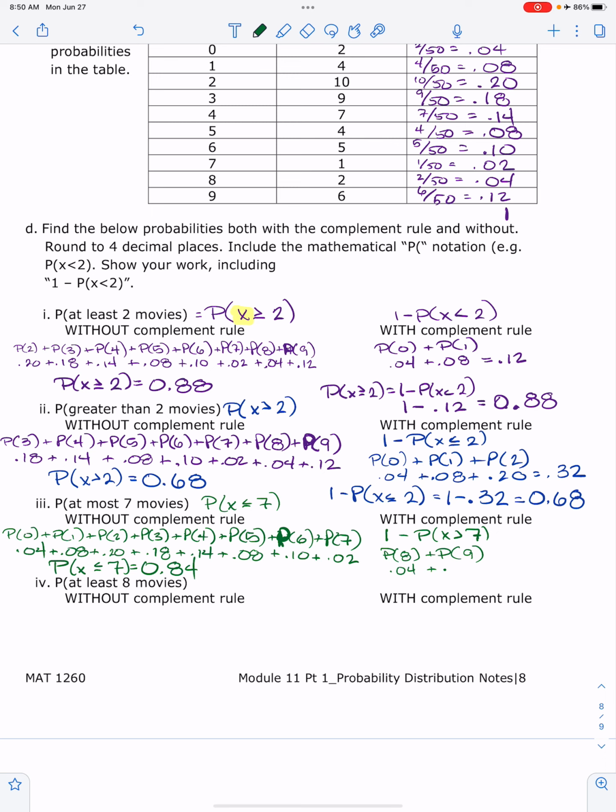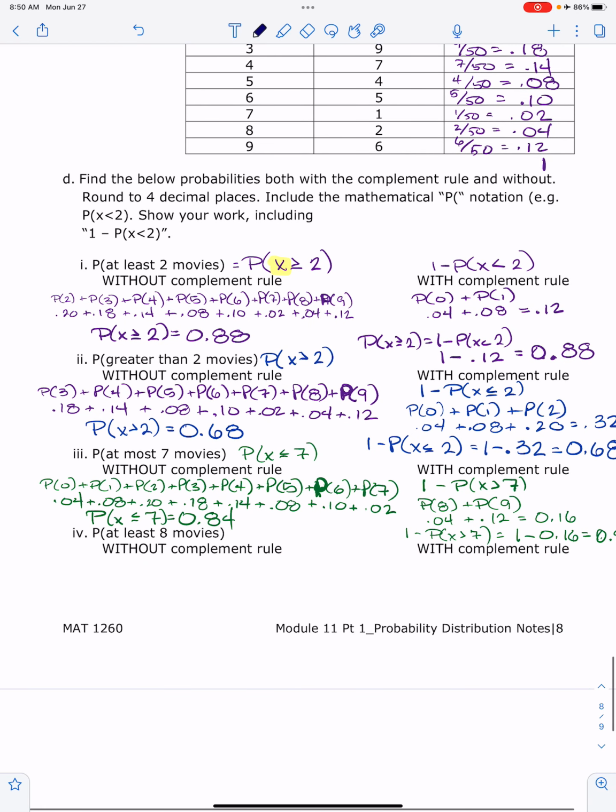The 9 is 0.12. That gives us a probability of 0.16. And 1 minus 0.16 gives us the 0.84 that we just labored over finding a minute ago.